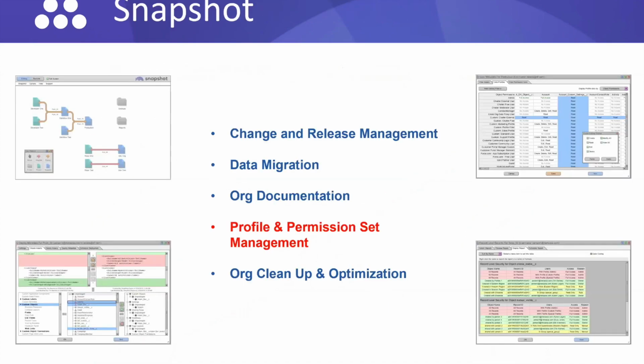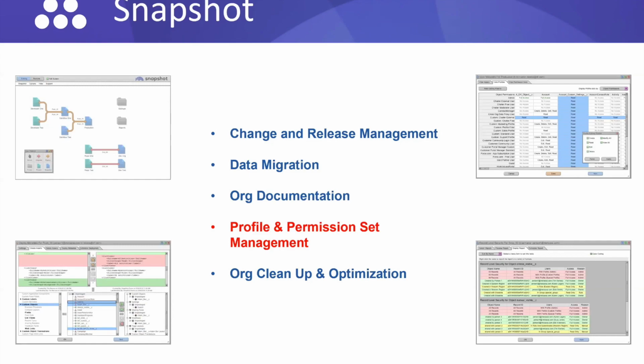So Snapshot is a complete org management tool. We started as a release management tool, and to this day, we still have what we believe is the best release management tool out there. But over time, we really grew to cover a lot more area. So we now also do relational data migration, so you can move data and maintain all the relationships between any Salesforce orgs.